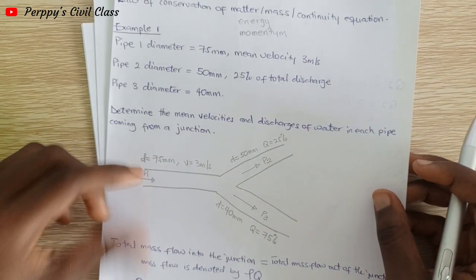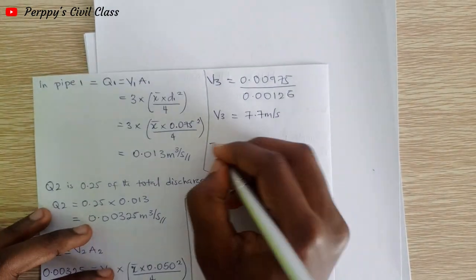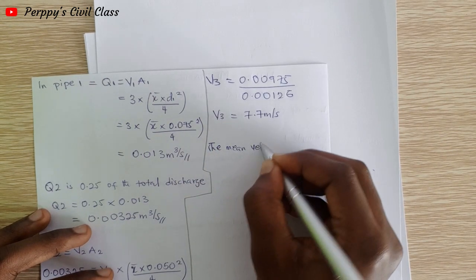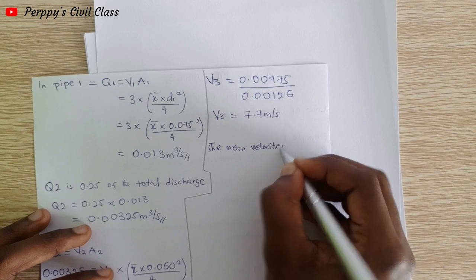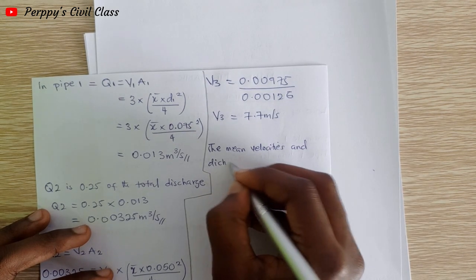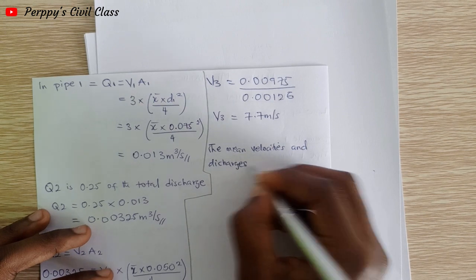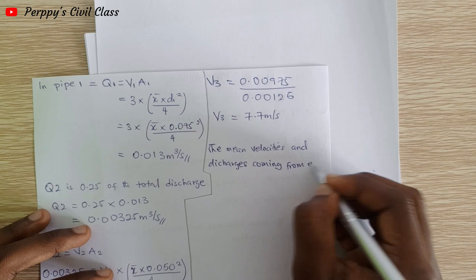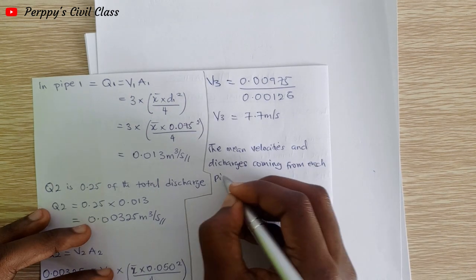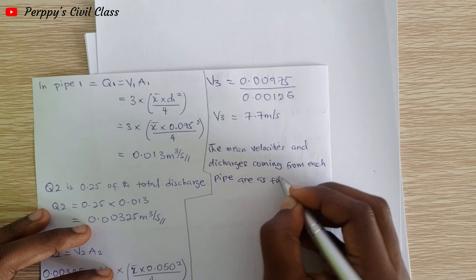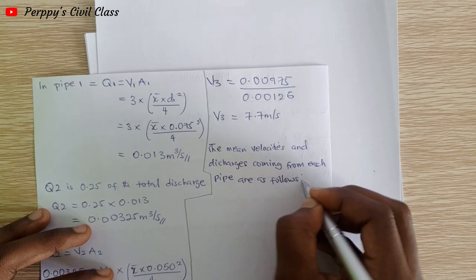Now we are done, but let's try to arrange it nicely. The mean velocities and discharges coming from each pipe are as follows.